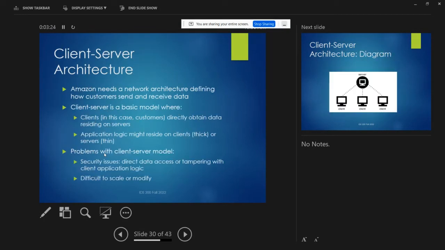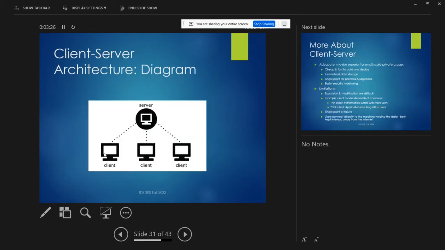All right, so I'm going to do the diagram first. With client server, you have a server machine that is for exclusive use by a bunch of different client machines. That means the server machine has to have all the applications and all the data that those clients might need. Conceivably the server could be connected to a single piece of storage for data as well.